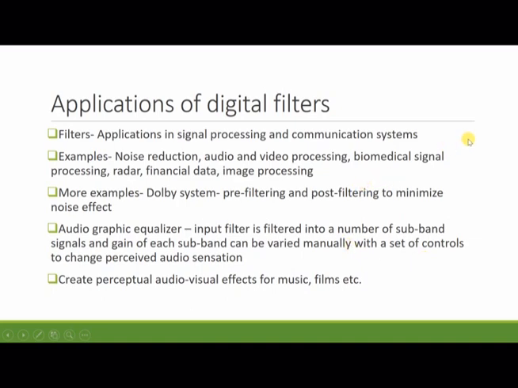Herewith are several applications of digital filters, common for both FIR and IIR filters.